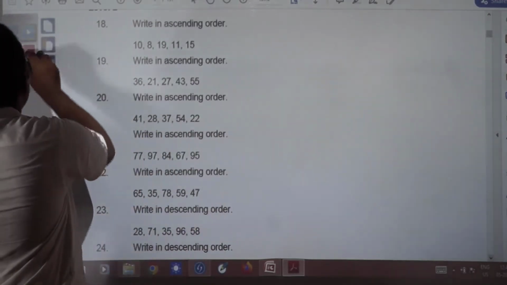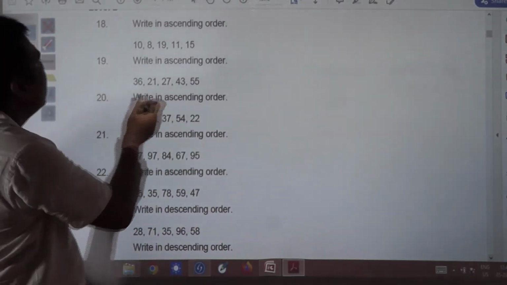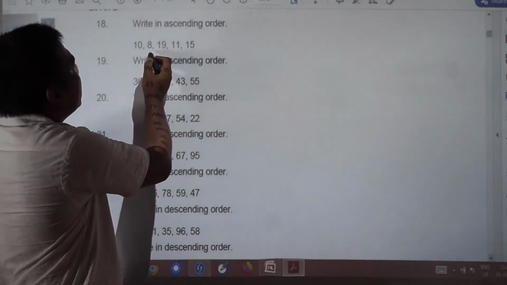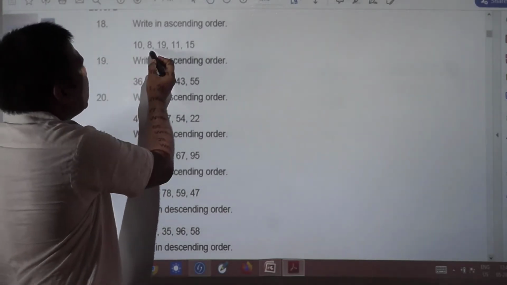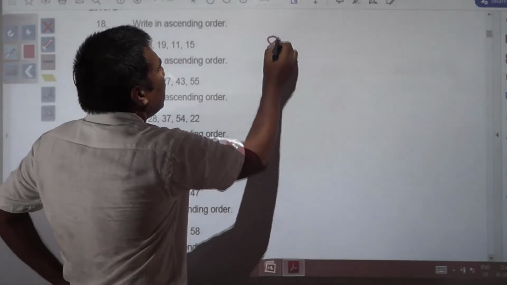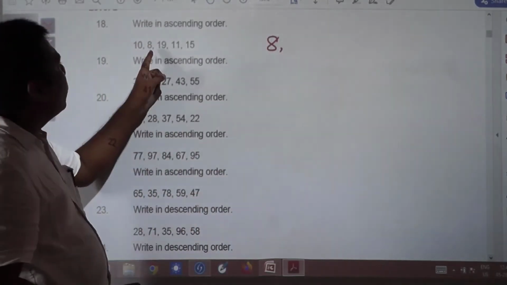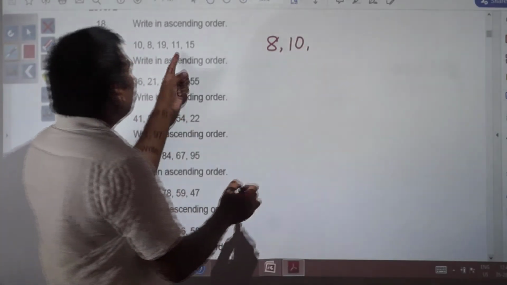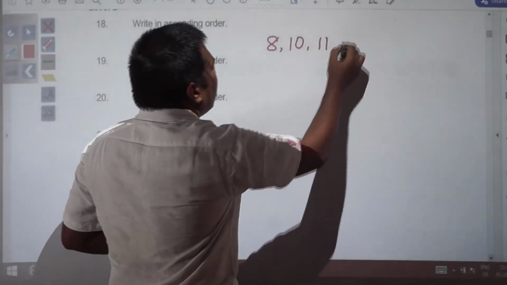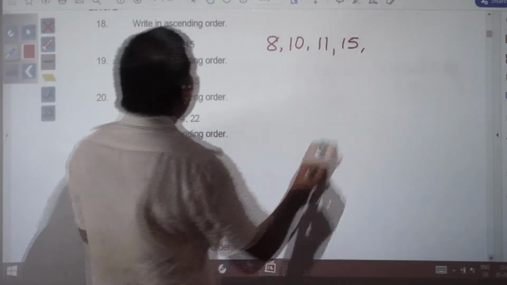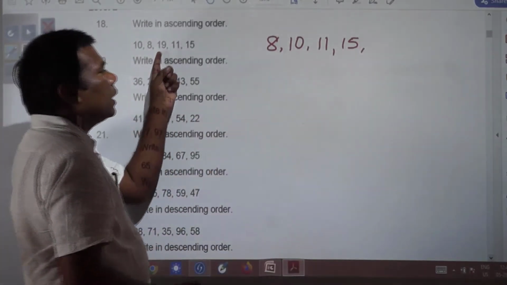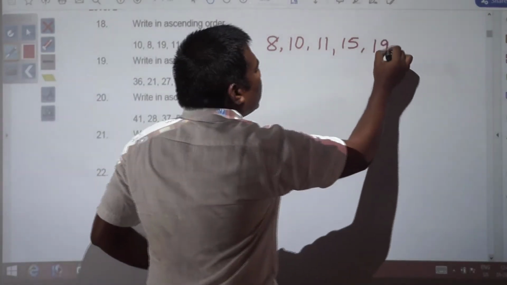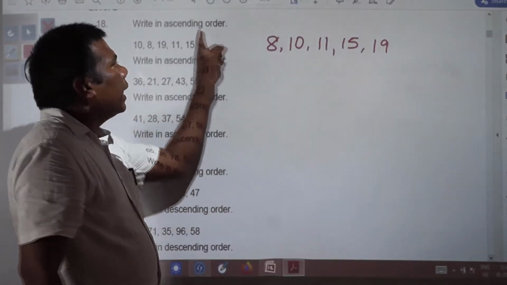So here you see how we will write. The smallest number, here you find out. Which one is smallest? 8 is smallest. And then which number comes? 10. Then 11. Then 15. And the biggest number among this is 19. So this is called ascending order.